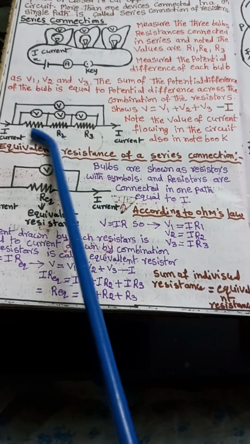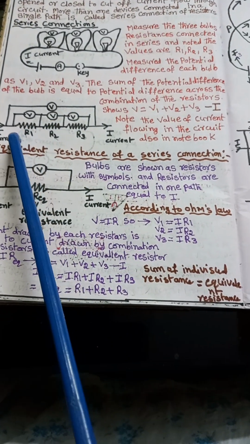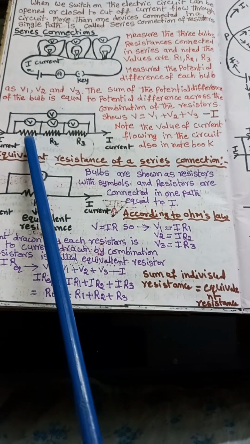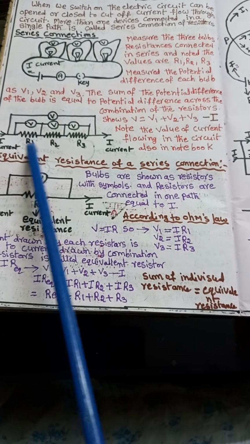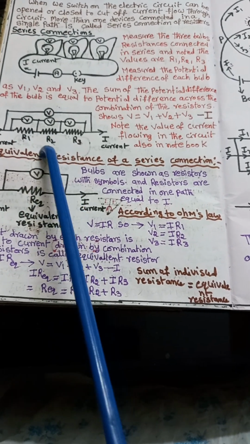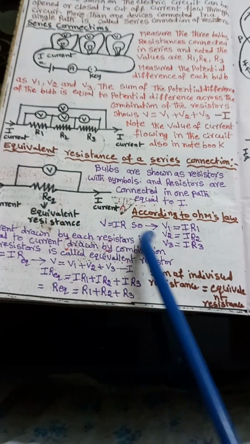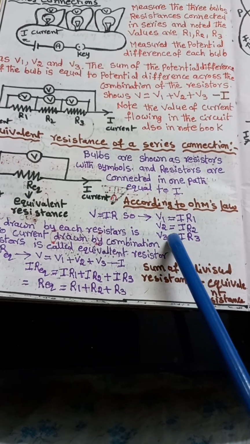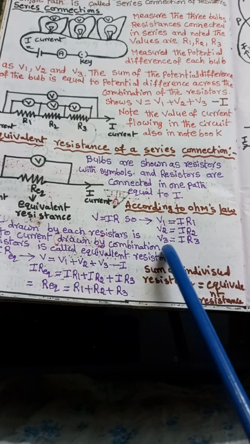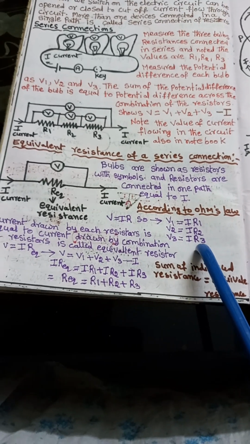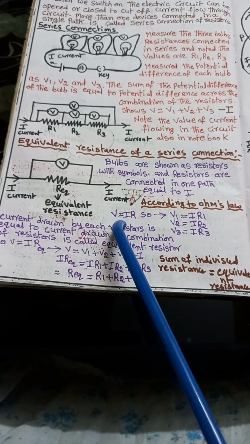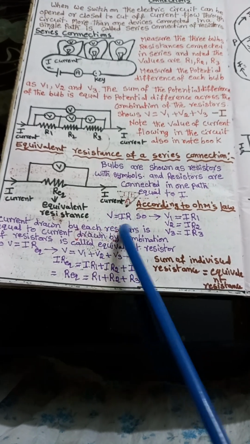Here the three bulbs have V1, V2, V3 and R1, R2, R3. So V1 is equal to IR1, V2 is equal to IR2, V3 is equal to IR3, according to the principle V is equal to IR, Ohm's law.